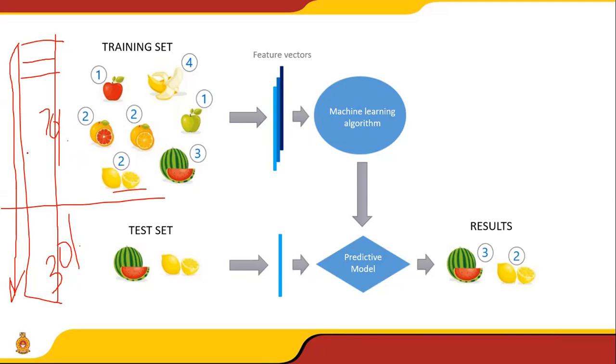Or else you can use 80% of the raw data for training purposes, and the remaining 20% we can use for testing purposes. That means the original data set is divided. But this testing data is not shown when we are developing or training the machine learning algorithm.